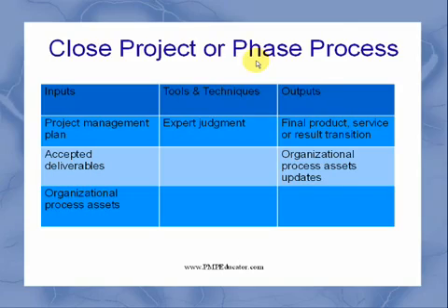So we don't move from one phase to another before we are sure that all the deliverables or all the requirements for that phase are done. Basically, it's used at the end of the project and also can be used at the end of a phase.